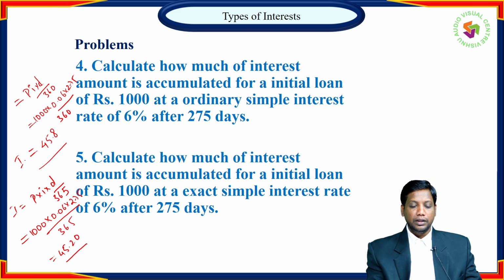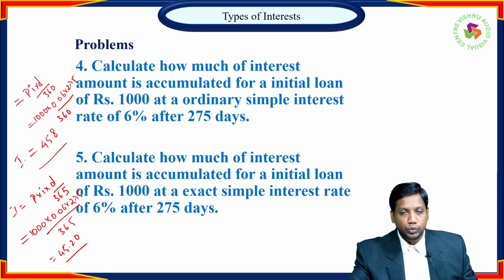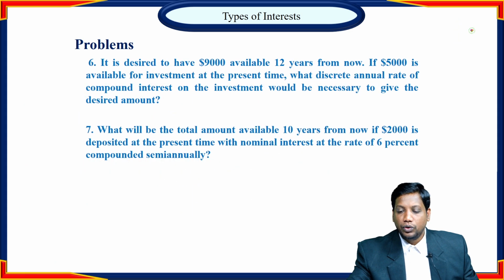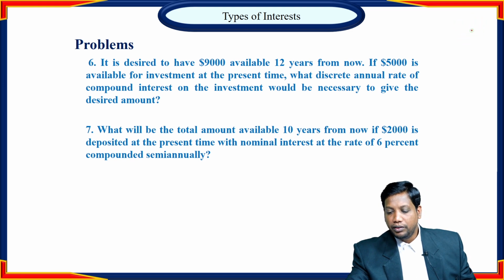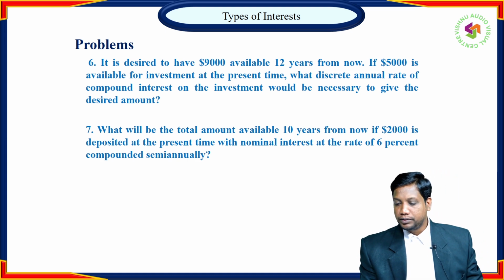So this is the accumulated amount in the case of exact simple interest after 275 days. This is how generally we calculate ordinary and exact simple interest, and we would like to solve a few more problems relevant to the topic.